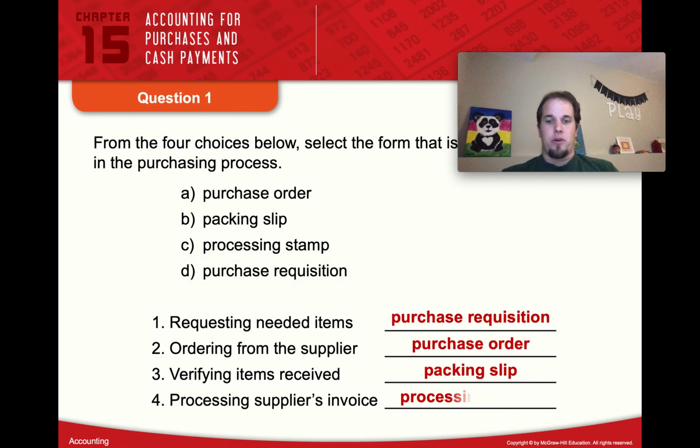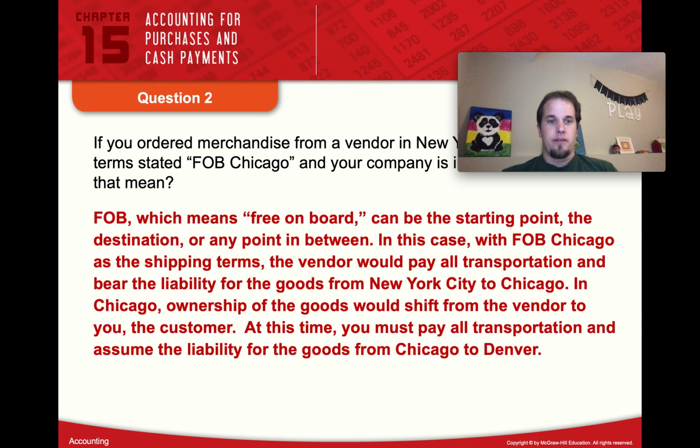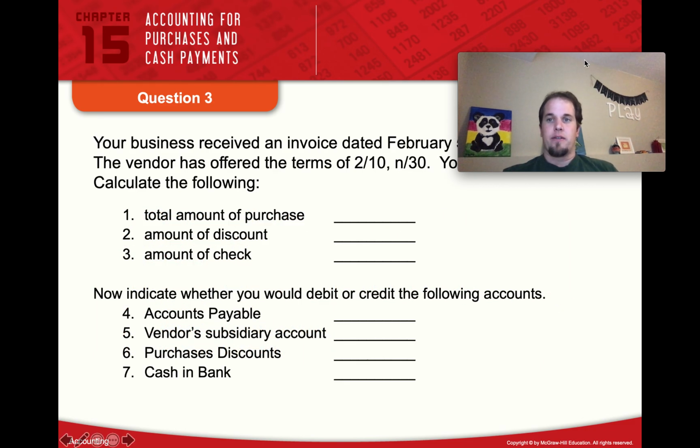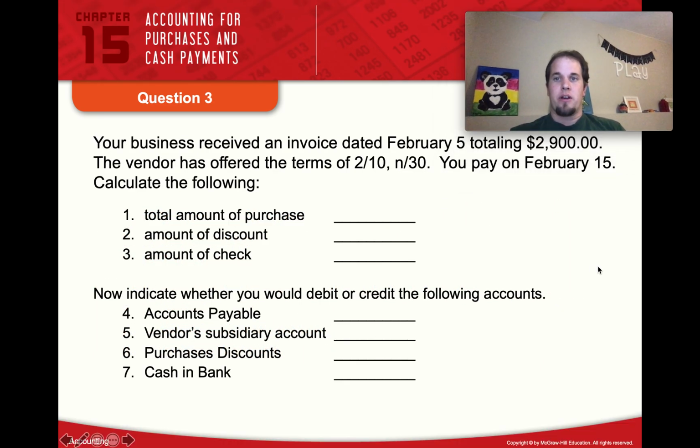One example I want to take a look at is this one here. I want us to make sure we really understand the details when it comes to receiving a discount for paying an invoice early. We have February 5th, $2,900.